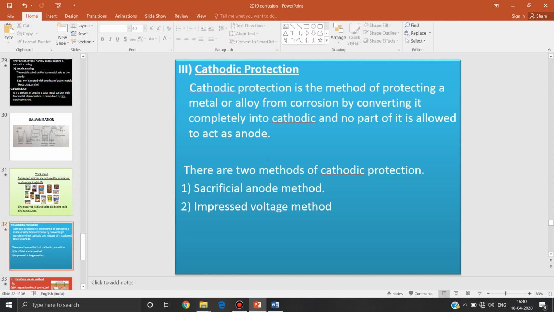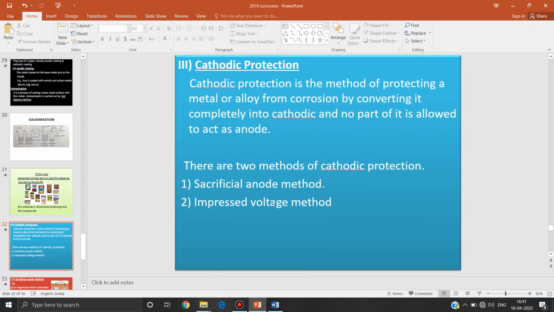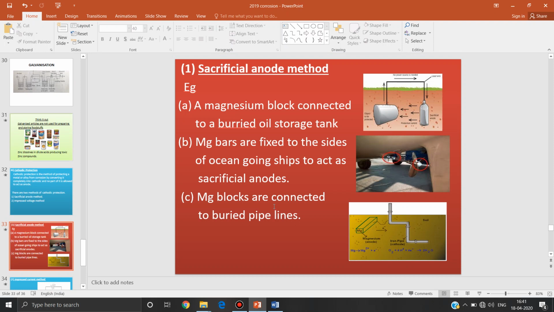So there are two methods of cathodic protection. One is the sacrificial anode method and the other is the impressed voltage method, or impressed current method. What is the sacrificial anode method? Here the base metal is completely converted into cathode by connecting it to one separate anode, a pseudo anode.